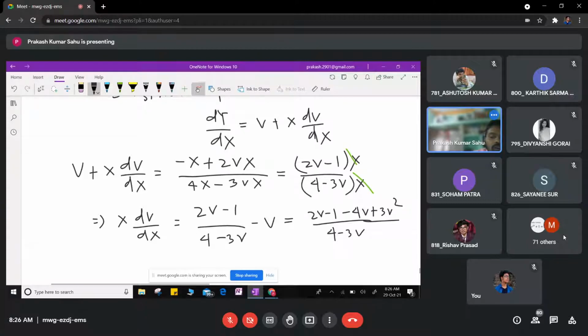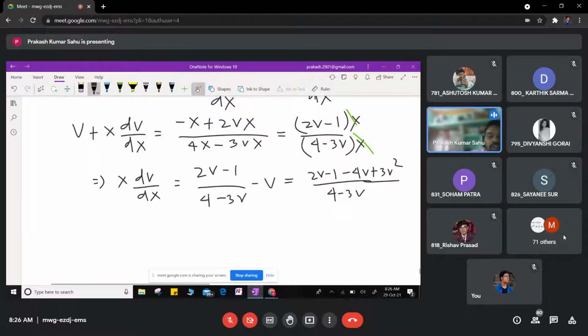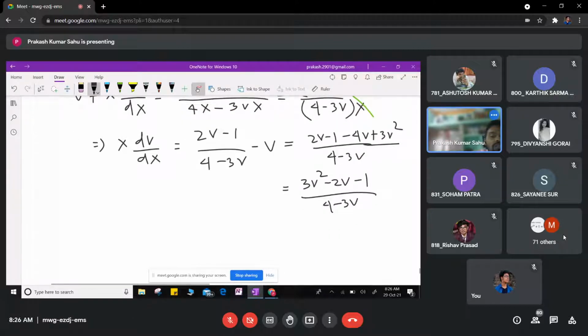So if you again simplify it, what you get is 3v square, 2v minus 4v, this is minus 2v minus 1, divided by 4 minus 3v.